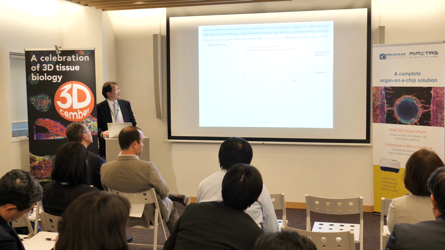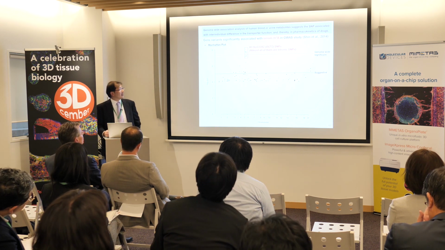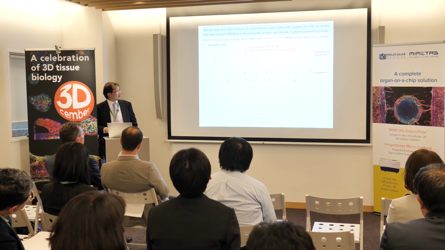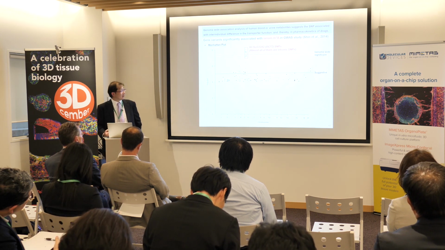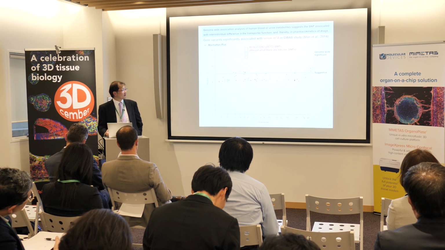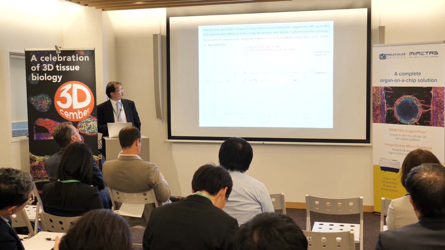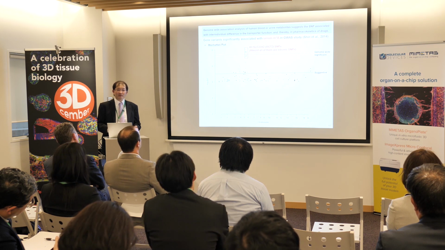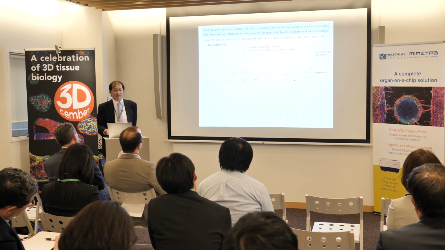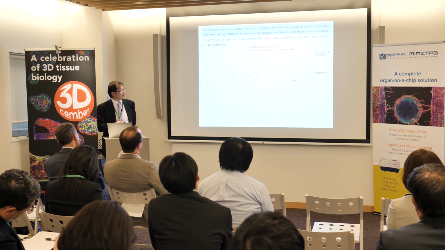The other aspect we are concerned with in gene editing is this result of the genome-wide association studies that I showed in the first part of my talk. We found some uncharacterized single nucleotide polymorphisms that are associated with endogenous biomarkers like this.